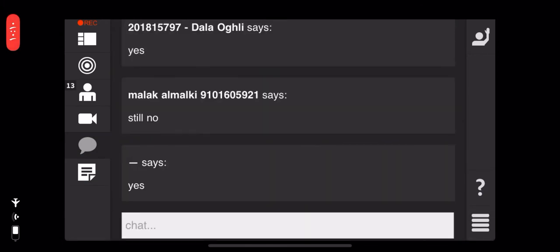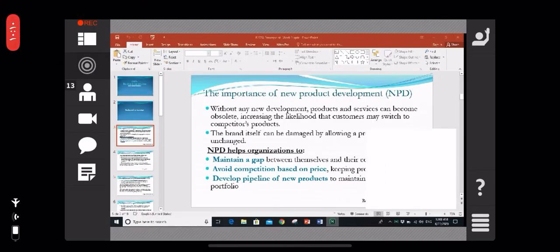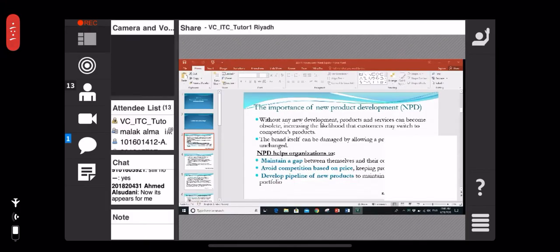Okay. Still no. Malak Al Maliki. There is a screen, right? Now it appears. Okay. Sorry.